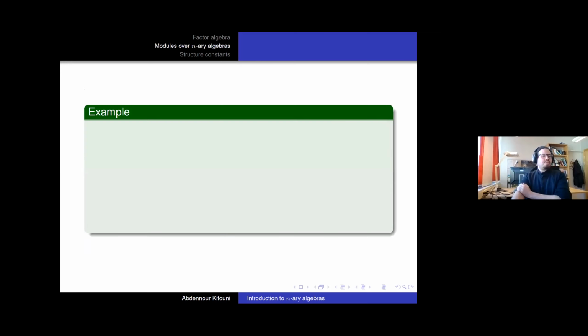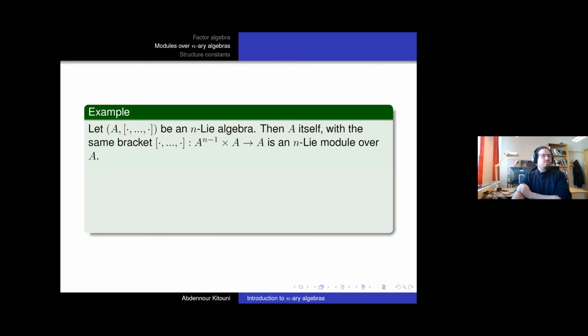I will present also two examples of n-ary modules for the case of n-Lie algebras.